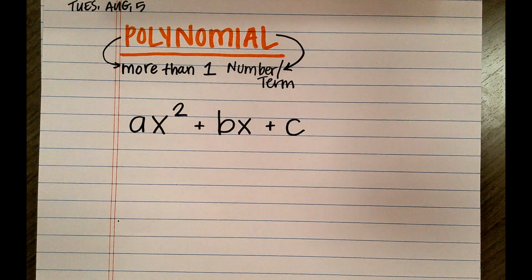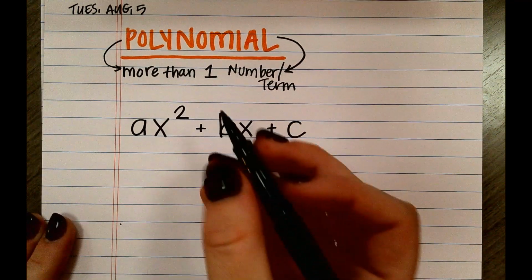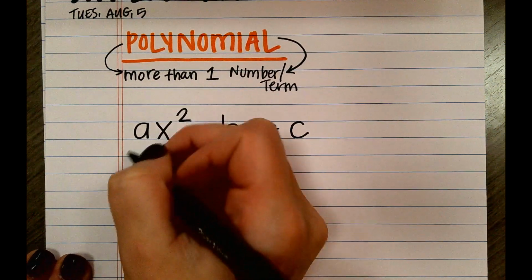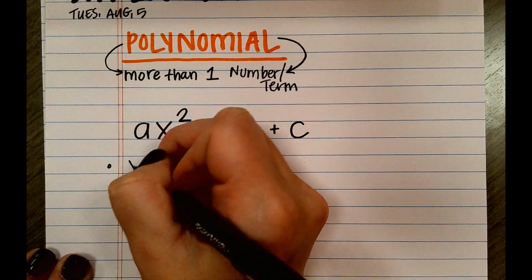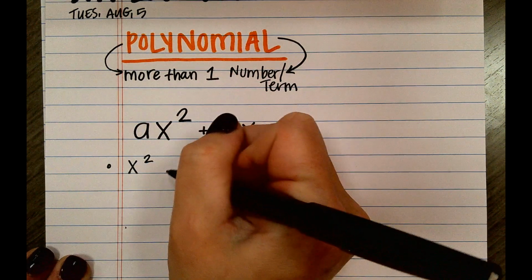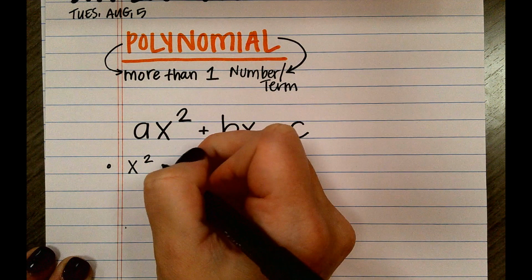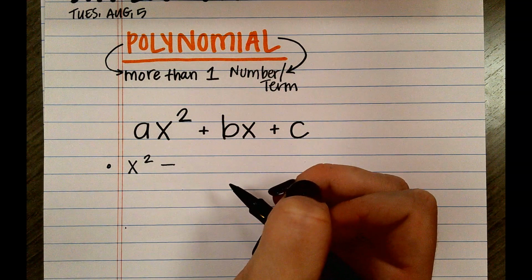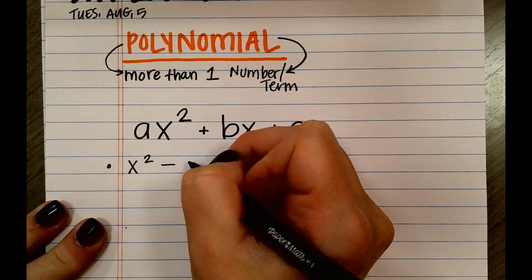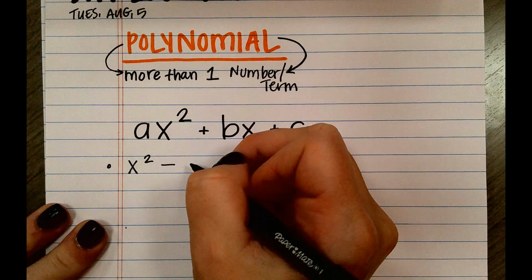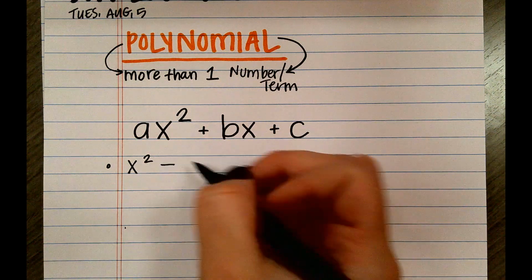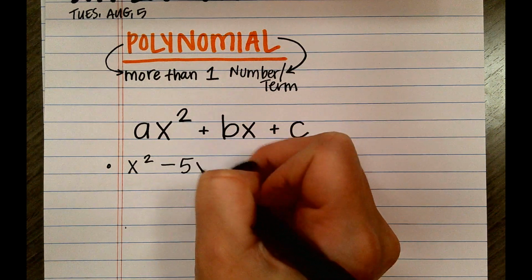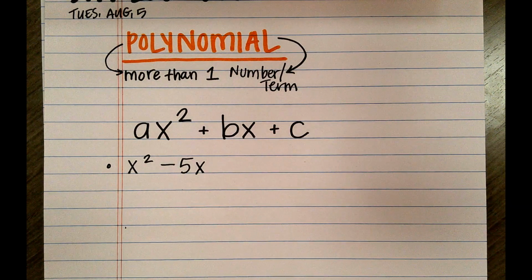So I'm going to give you another example similar to that. What if I gave you, let's say, x squared minus, let me think. Let me pause this because I don't want everybody to be sitting here waiting on me. X squared minus 5x plus 4.